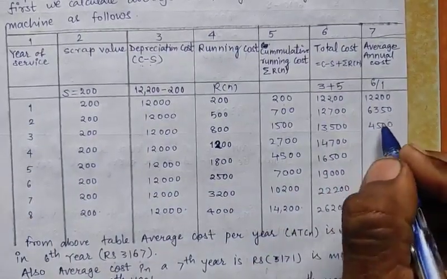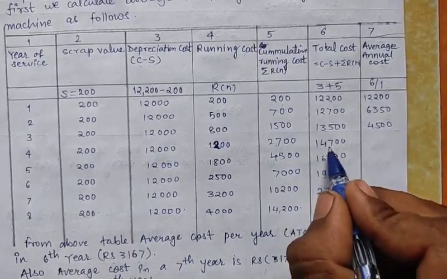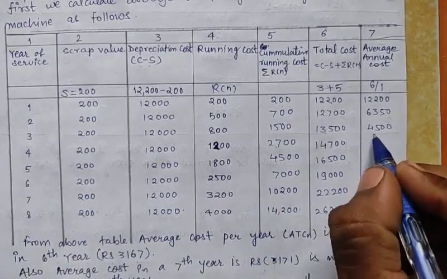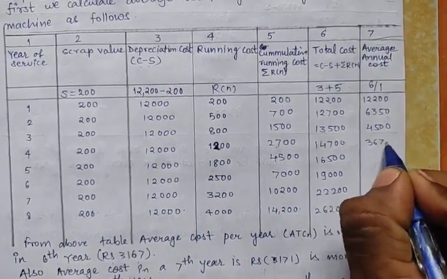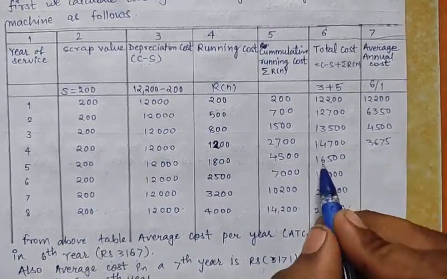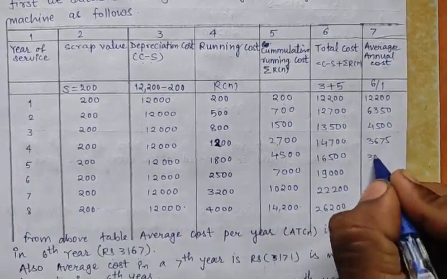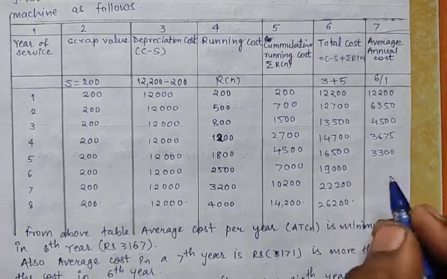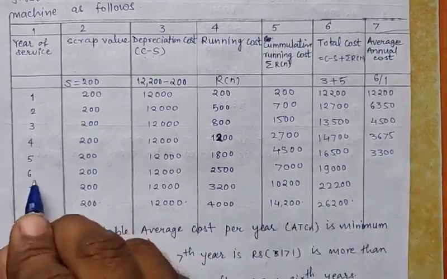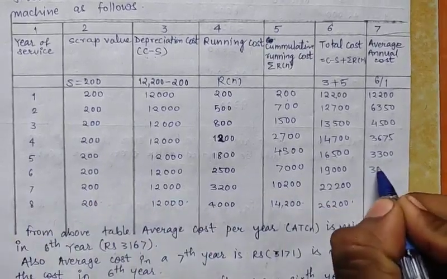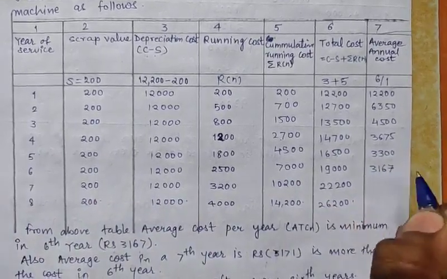Now next we will divide this by 3, so we get 4,500. Now next we will divide 14,700 by 4 number of years, so we will get 3,675. Next divide 16,500 by 5, then we get 3,300. Next divide 19,000 by 6, then we will get 3,167.